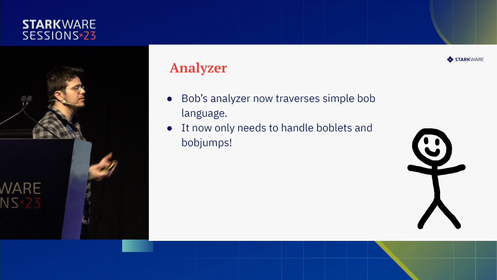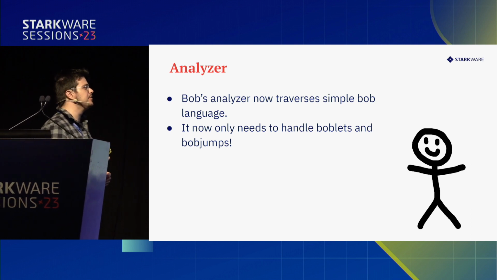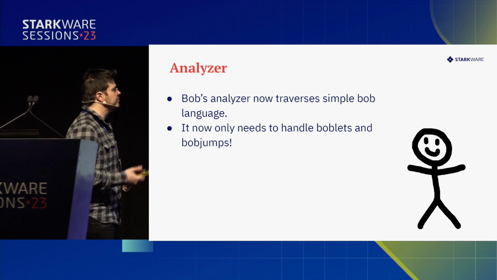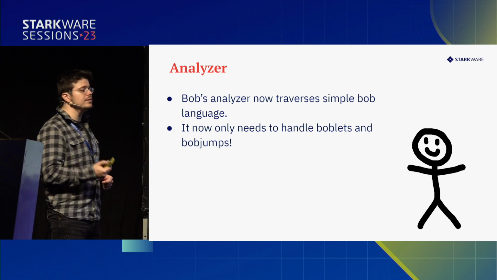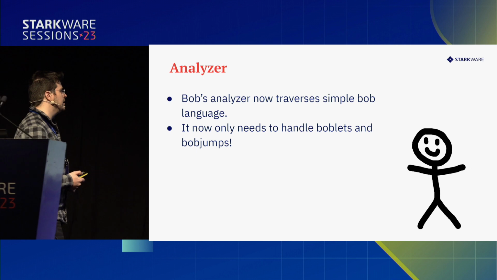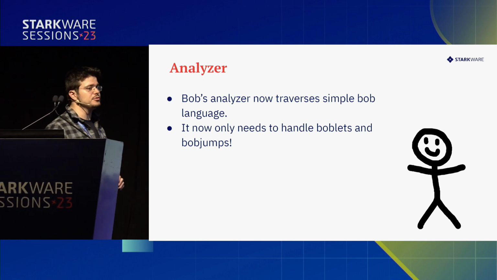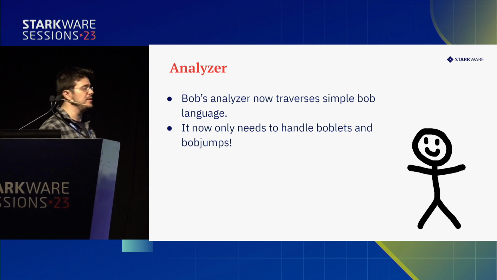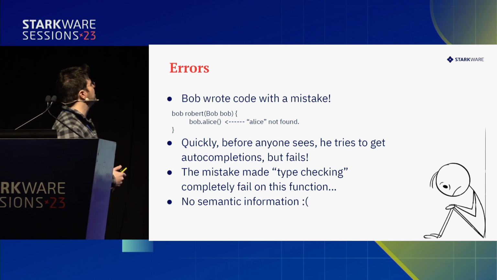And now, instead of handling Bob ifs and Bob fors and Bob lets, the analyzer only needs to handle Bob lets. So it's a lot less code, and it's easier to write. And he's happy. He's very happy.